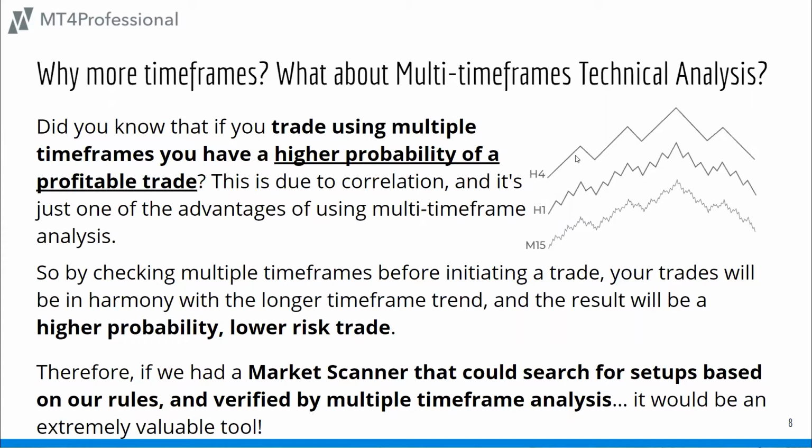You can do this on your own anyway, but if you had something that automatically checked for you, a scanner, for example, that you're trading in line with the longer time frame charts, if it's bullish and you only want to take bullish trades, you're going to have a much higher probability of success than trying to trade these corrections. If you're trading counter trend, you can see it's going to be very short-lived, and then you're going to be corrected very quickly against you.